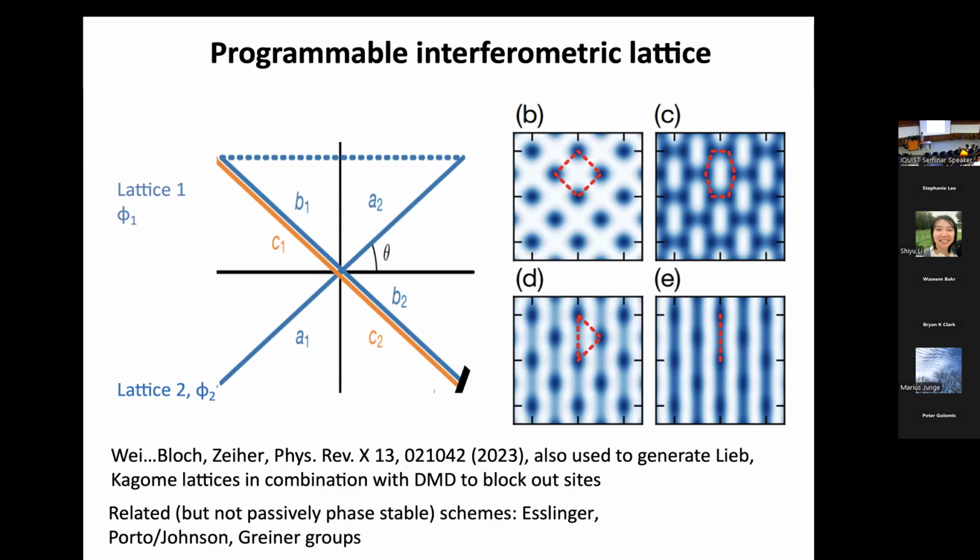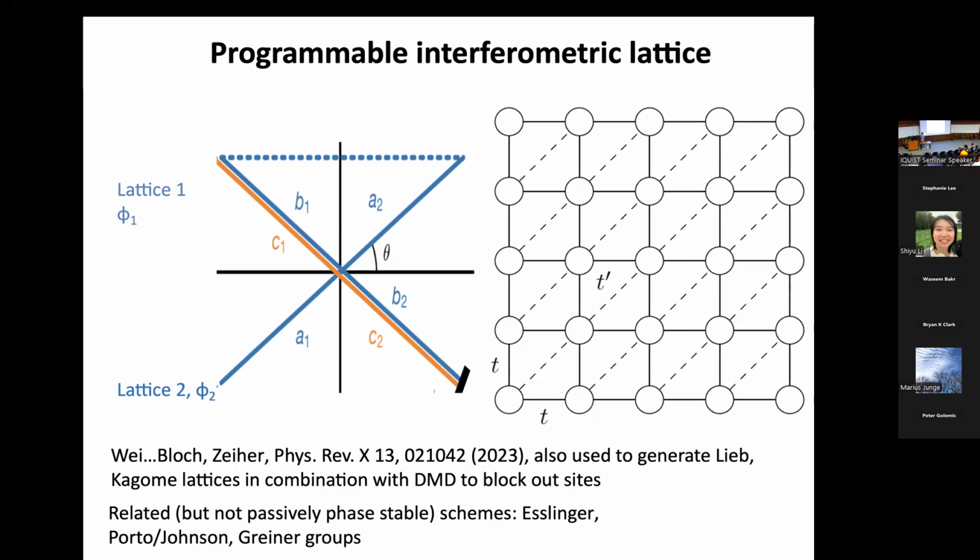I won't go into the technical details, but in my lab, we have a setup where, with the same setup, we just tune knobs in software and go between different lattice geometries. So we can access things like square lattices, triangular lattices, honeycomb lattices, Kagome, Lieb, a whole set of interesting condensed matter lattices by just tuning things in software. So I'm going to focus for the next few slides on physics we're doing with triangular lattices.